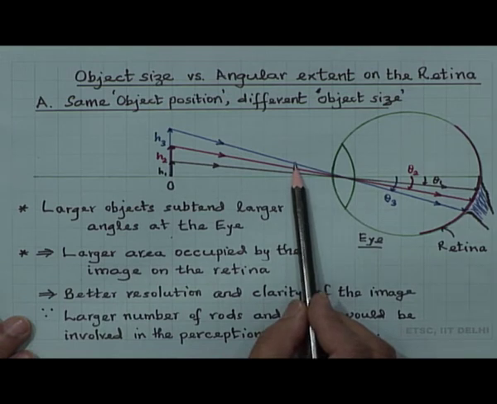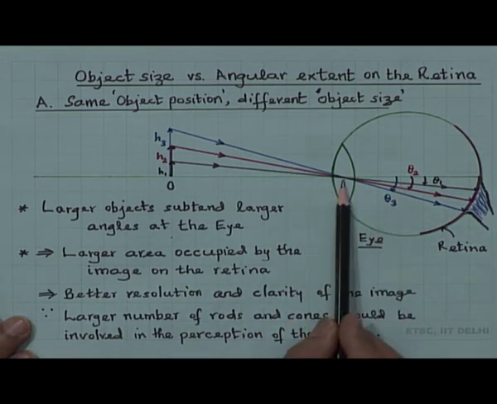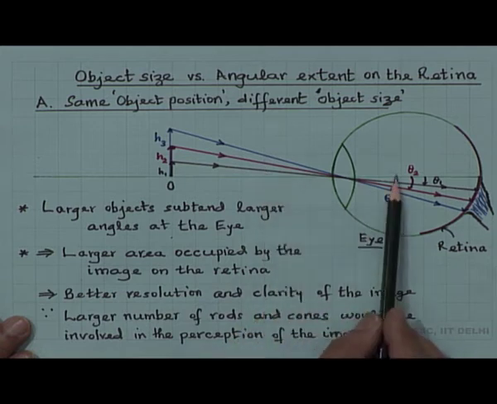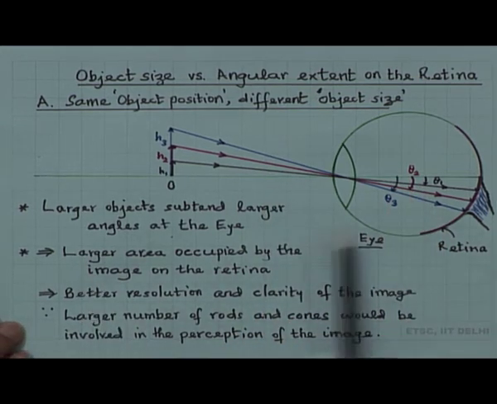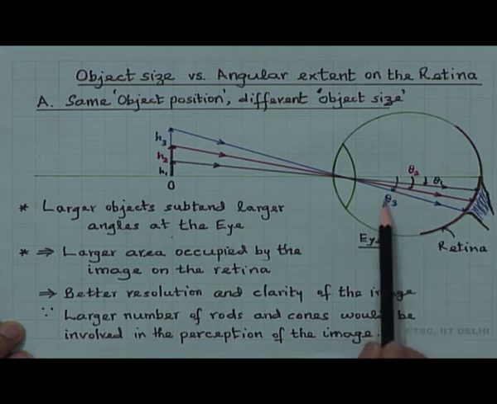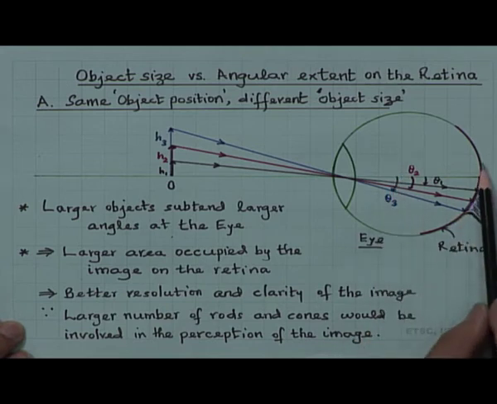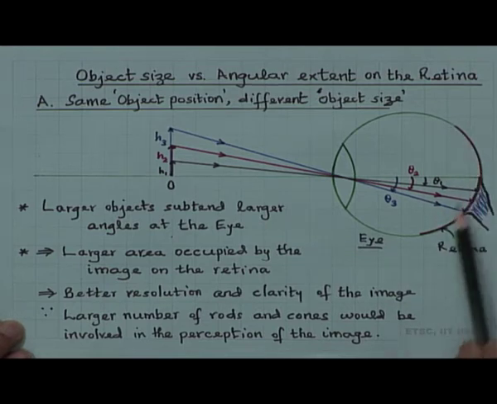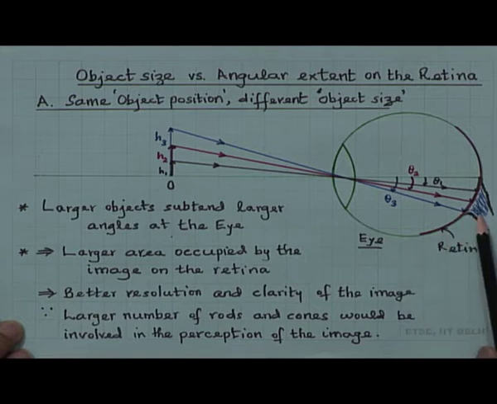We can look at the angle here or the angle here, it is one and the same, because we are looking at the central ray passing through the center point of the lens, and therefore, the angle subtended here is the same as the angle subtended here. Larger the angle subtended, larger will be the area of the retina which is involved. So, this whole region is the retina. The retina comprises millions of cones and rods which are optical sensors, sensory components linked to the optic nerve which carries the signal to the brain.